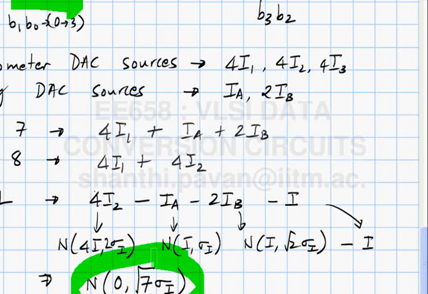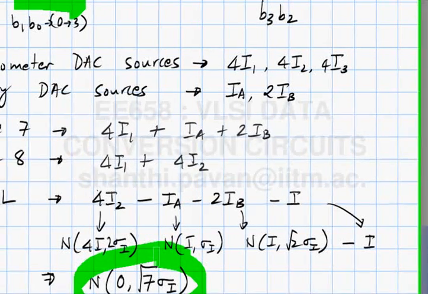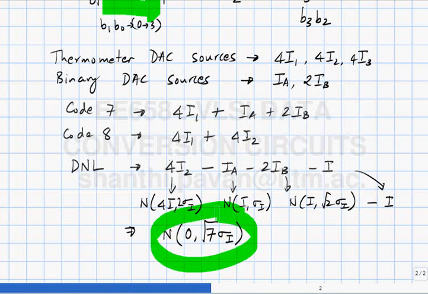And we shouldn't sneer at this reduction as being just half. All this is saying is that the sigma I by I that can now be tolerated for the same DNL is larger, or rather you can tolerate root 2 times the mismatch.